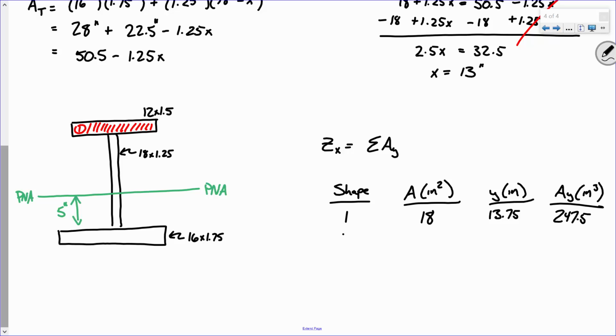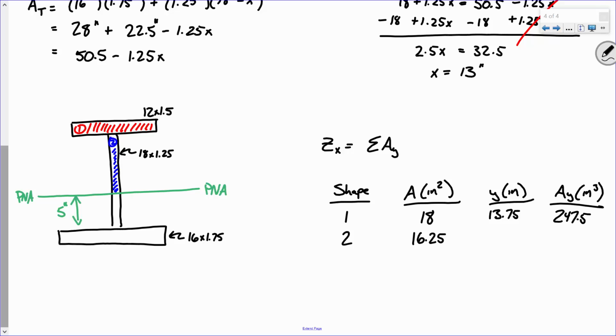Now shape 2. We'll say shape 2 is this one, just everything above. What's the area of that? Well, it's 1.25 times 13, so that's 16.25. Now what's the moment arm going to be?